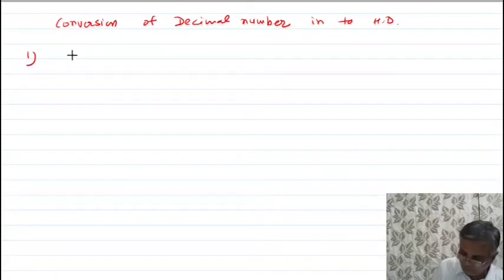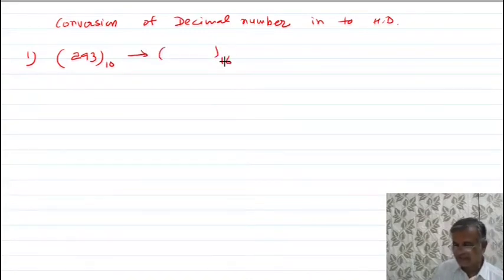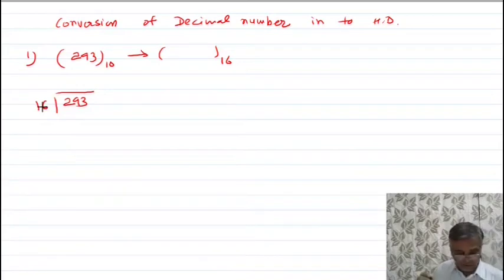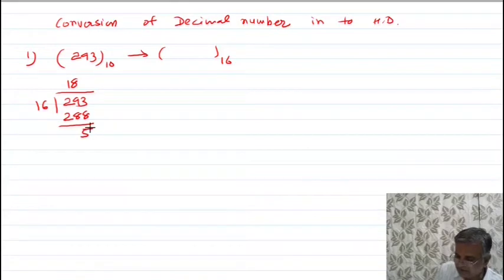Suppose I want to convert 293 into hexadecimal. What is the method? 293 should be divided by 16. If we divide by 16, I'll get 18, since 18 multiplied by 16 is 288, and the remainder is 5.